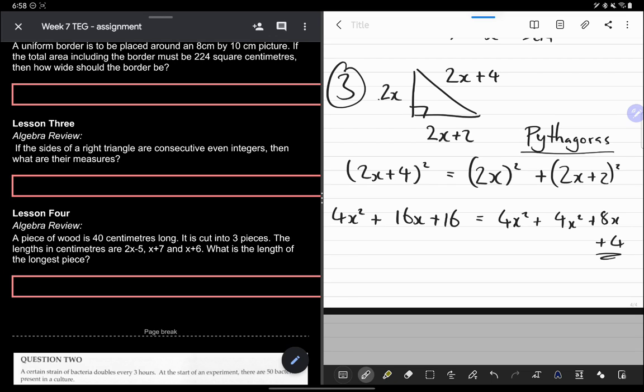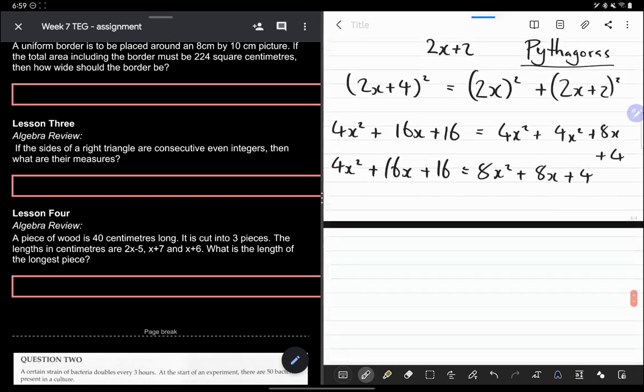Yeah, that plus 4 is supposed to be in here. Just letting you know. Cool. Now we can simplify this a little bit. I mean, it doesn't really matter which one you do first, but just for the sake of being explanatory, I'm going to put these two like terms together. But otherwise, there's nothing else for me to do.